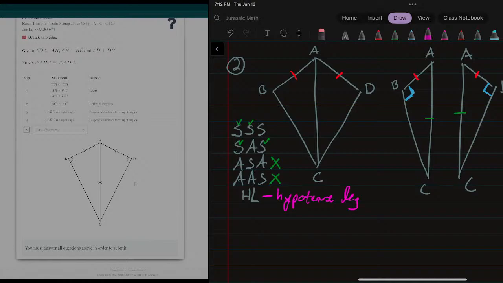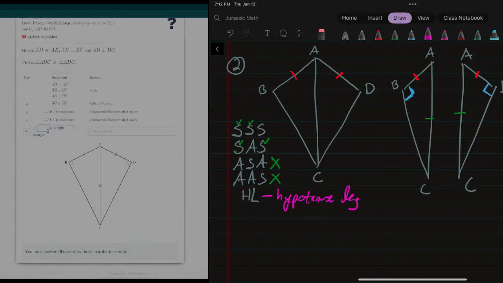This is where Delta Math gets really silly though. Because in order to use the HL theorem, you have to say that both triangles are right triangles. So what I need to do for step 5 and 6 is classify the triangle ABC is a right triangle because the triangle consists of a right angle.